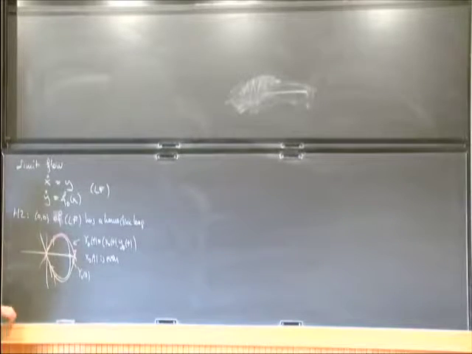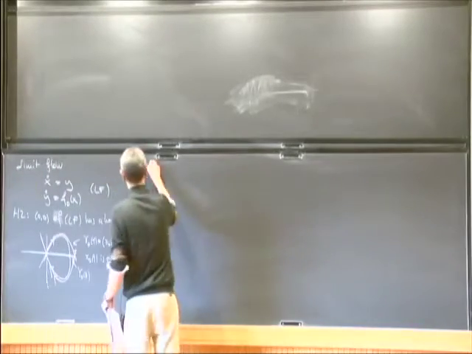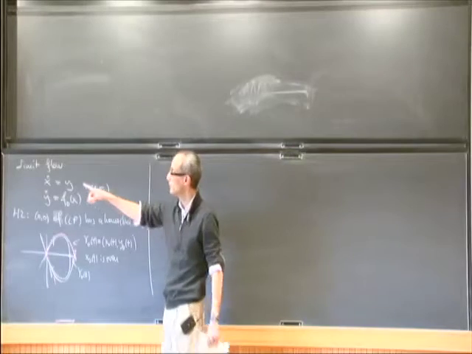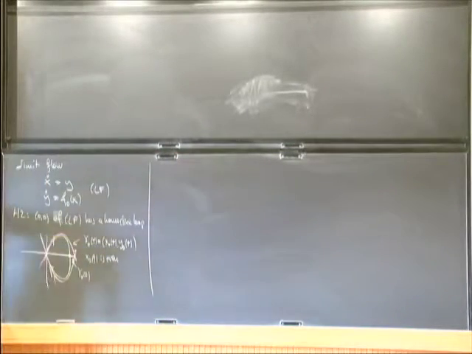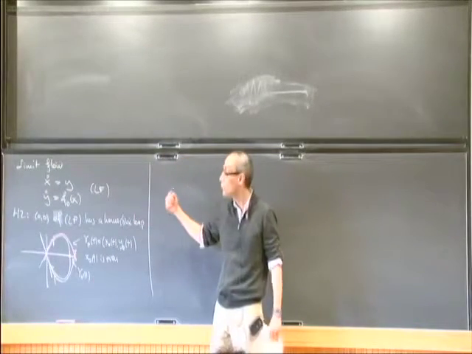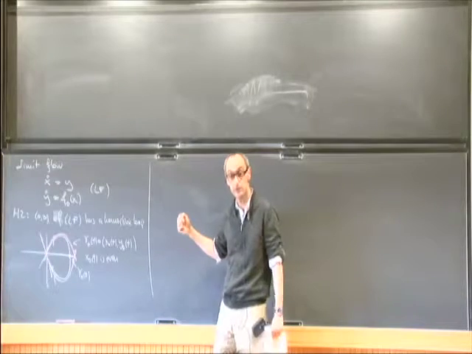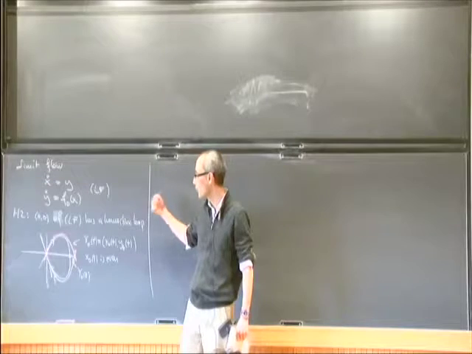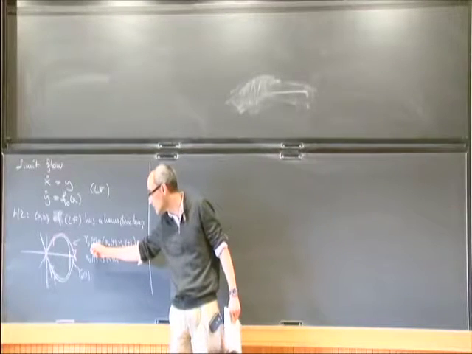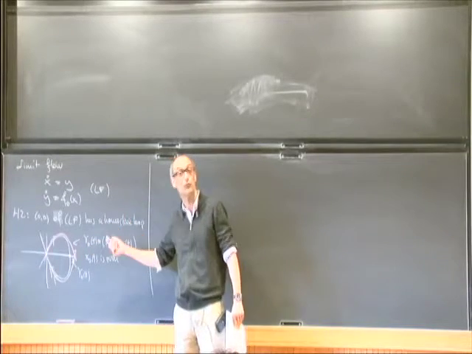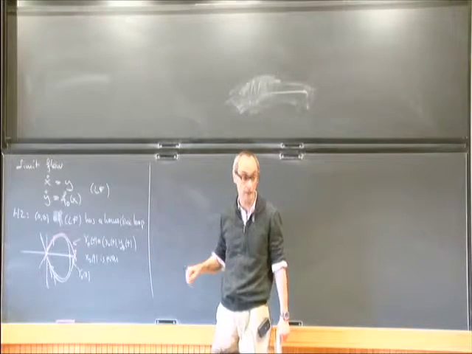What is known is an easy computation: if we expand the invariant manifolds, these functions gamma u and gamma s, in powers of h, the first order term in h is precisely gamma naught, which is the same for the stable and for the unstable one.